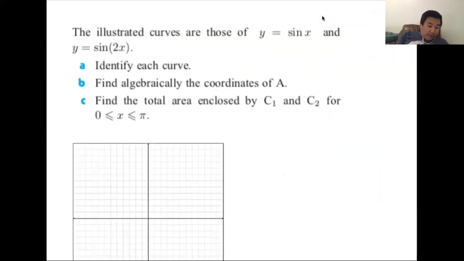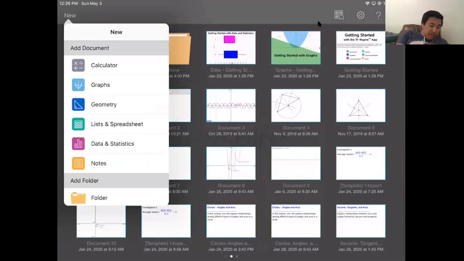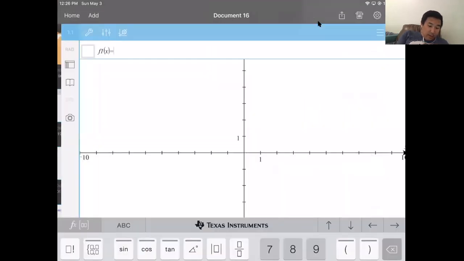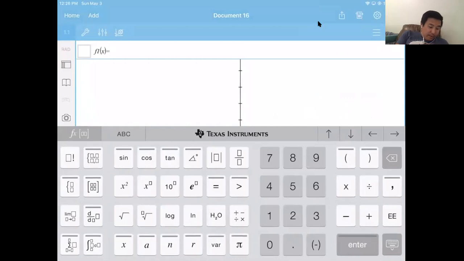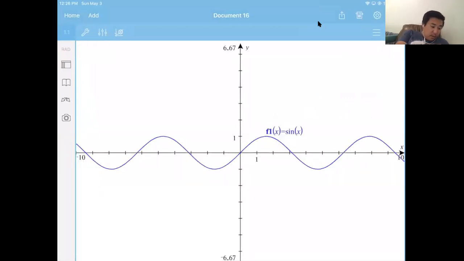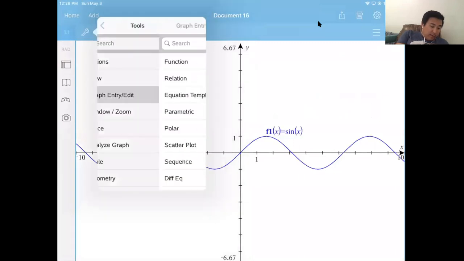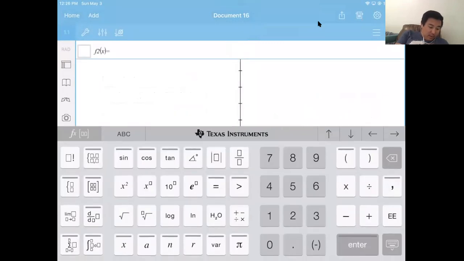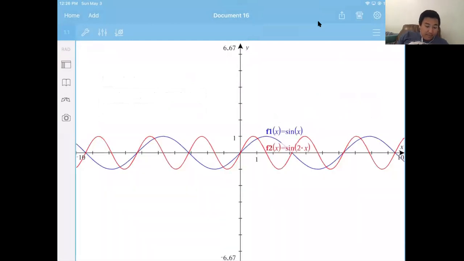So illustrate the curves, the graph of sine of x and sine 2x. New graph. I'm going to do sine x and then enter the function sine 2x. So those are the graphs.